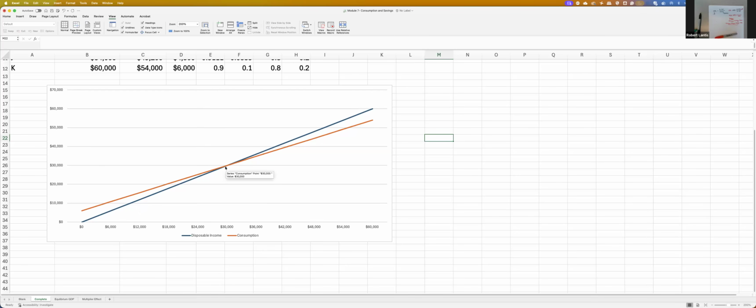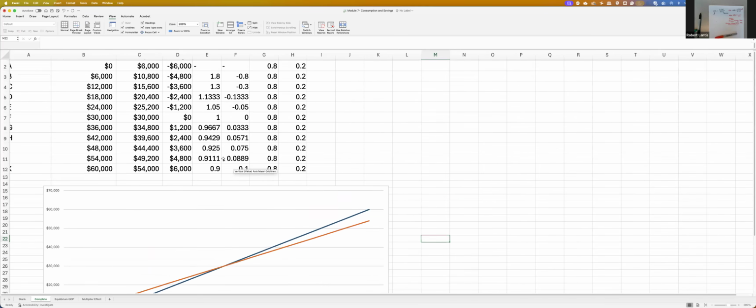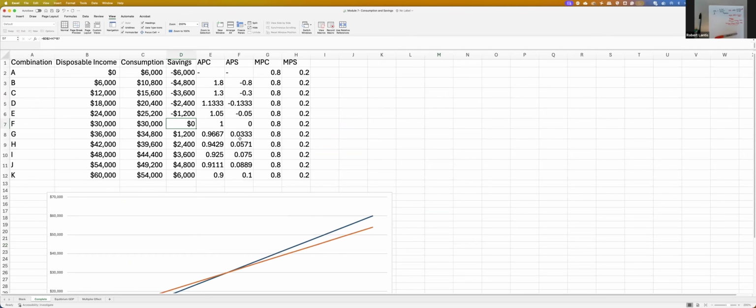So there's going to be a point where my consumption is the exact same as my disposable income. In that case, I would have savings of $0. That's what we would call our break-even point. So that's the level where my consumption is no longer less than my disposable income. It's equal to 0.